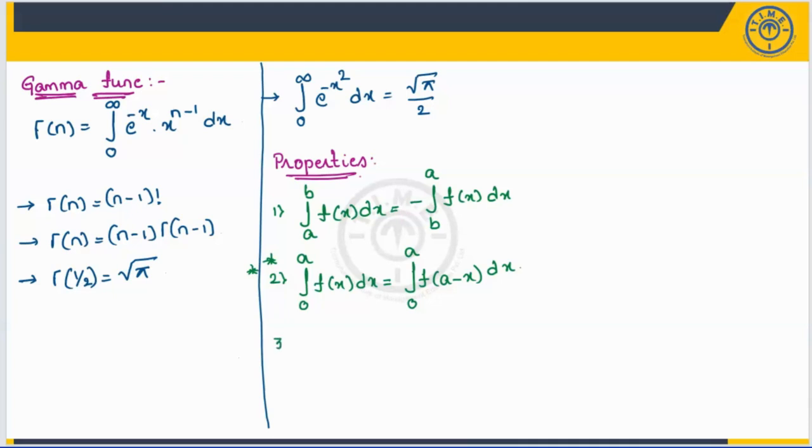And the extension of this, instead of 0 to a, they might say from a to b f of x dx. That is the same as integral from a to b f of a plus b minus x dx.